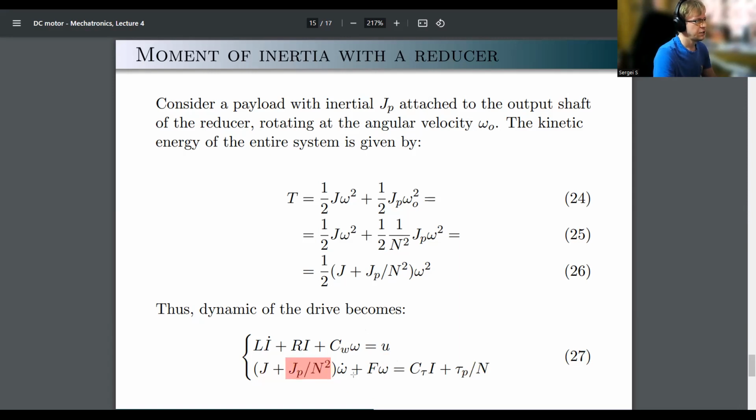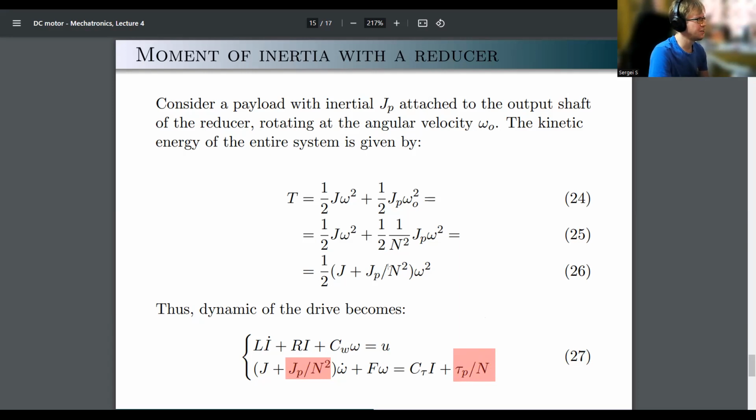Reducer here makes sure that the inertia of the payload is not as effective. It doesn't do much, right? Especially high reduction ratio will make sure that it is almost negligible. And outside torques become almost negligible. Of course, they cannot be completely negligible, right? But they can be quite small. And that is nice.